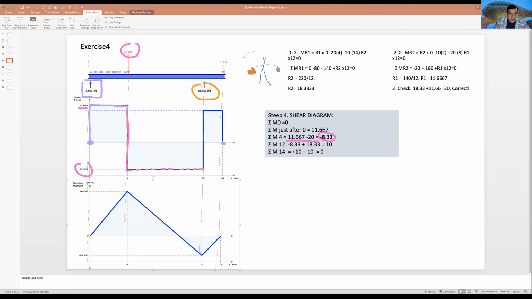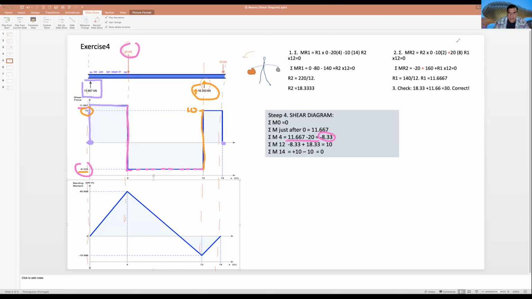Well, minus 8.33 plus 18.33, because the vector is going up, is 10 positive. I arrive at 10 positive. I write 10 here, for example. Or you can write it there. I like to write the 10 here.